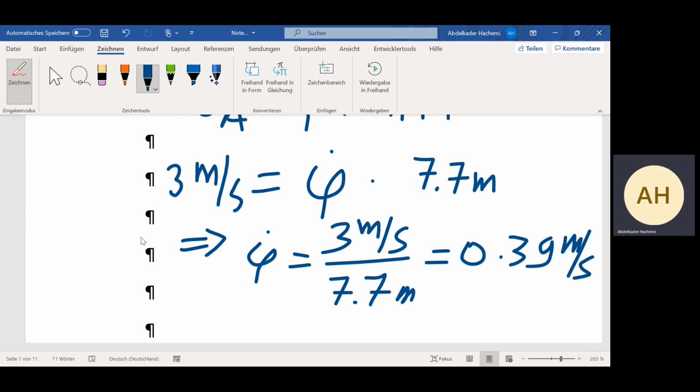This is the second solution, an alternative to the first one.